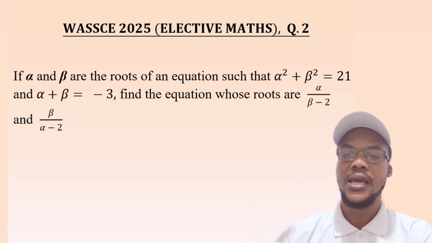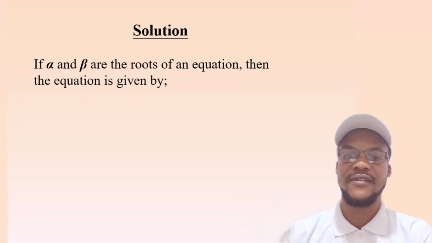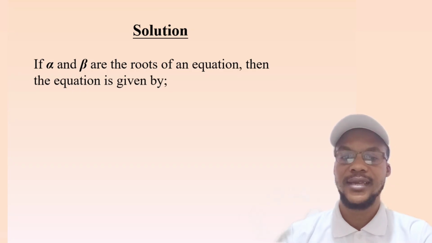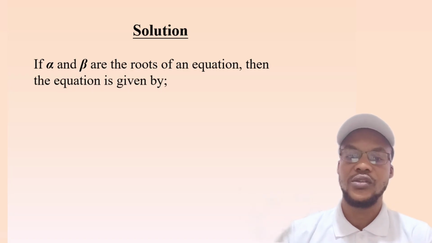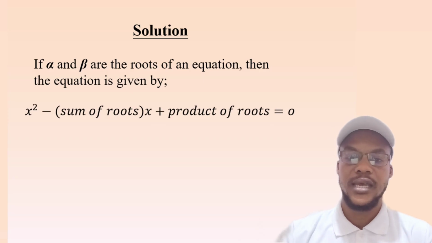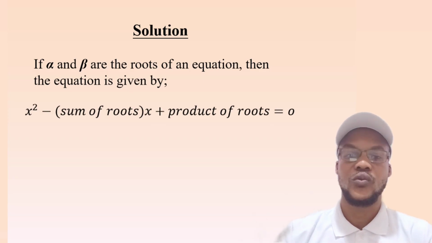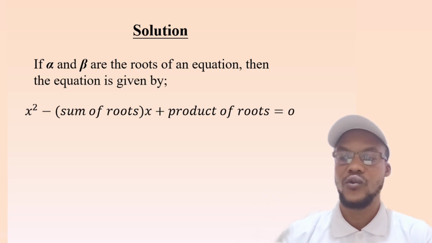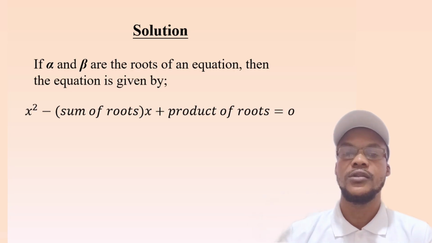So as we are saying, if alpha and beta are the roots of an equation, then the equation is given as what? Quadratic equation is of the form x squared minus the sum of roots times x plus the product of roots.